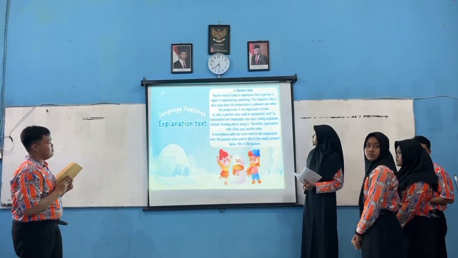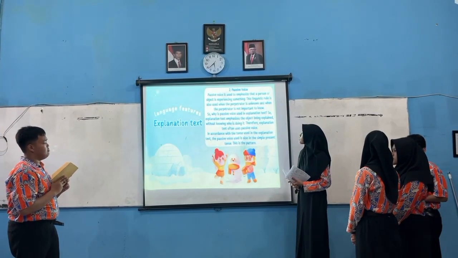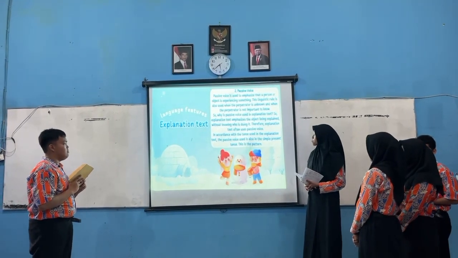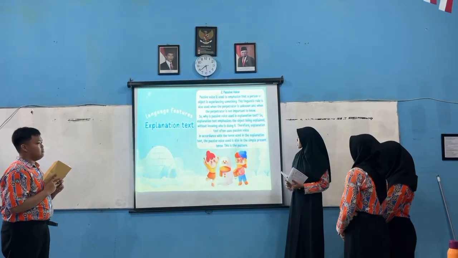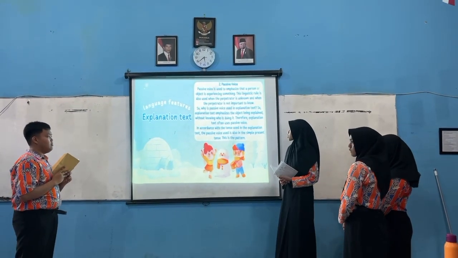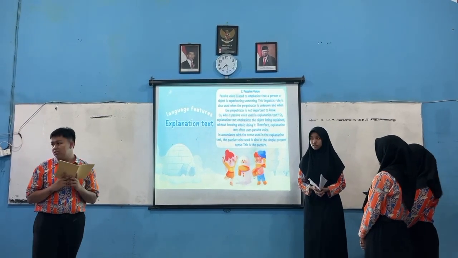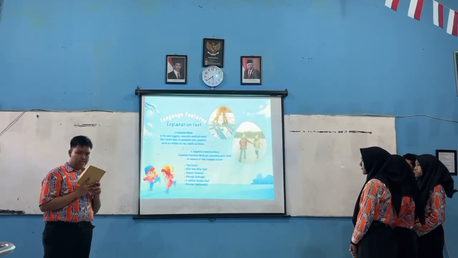Because explanation text focuses on the object being explained without knowing who is doing it. Therefore, explanation text often uses passive voice. In accordance with the tense used in explanation text, the passive voice used is also in the simple present tense. This is the pattern. Thank you, Indian. Next will be explained by Balkis.